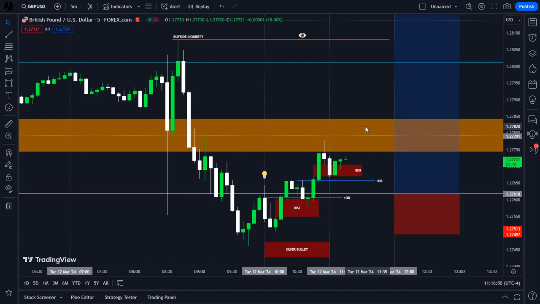So the slowness in price is the effect of CPI.